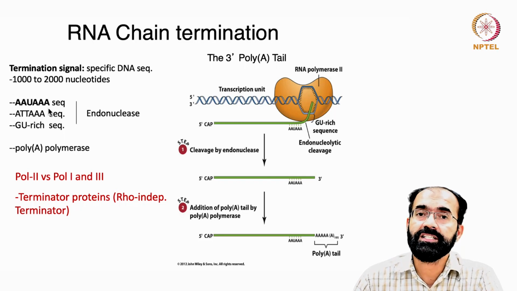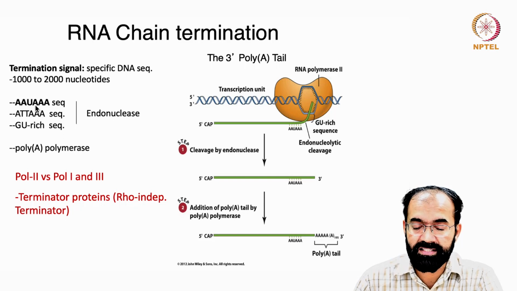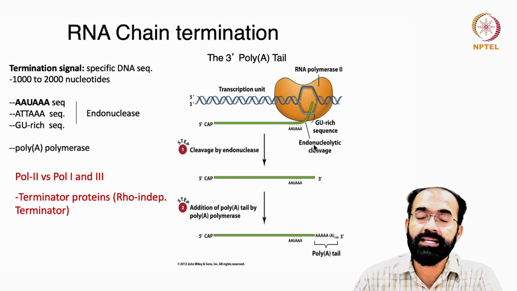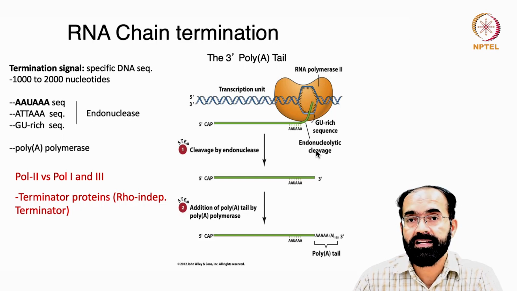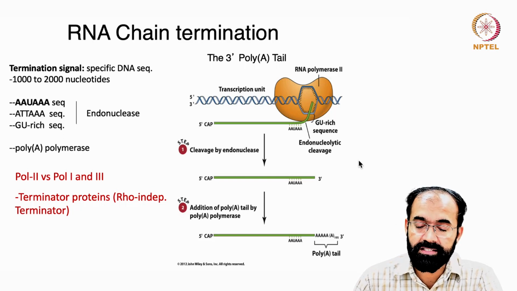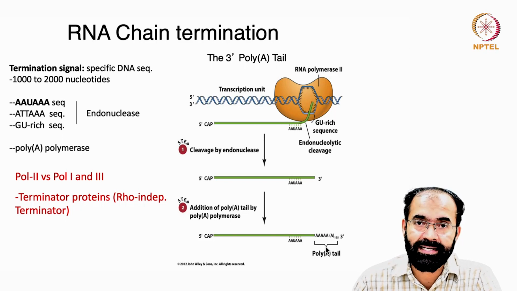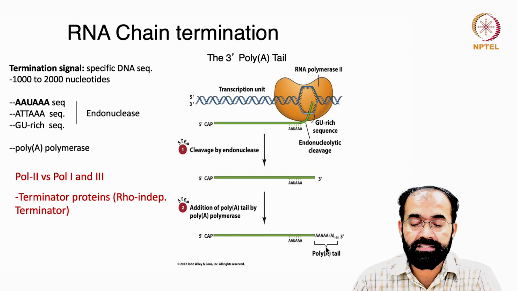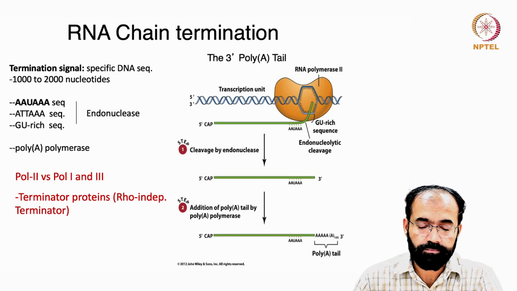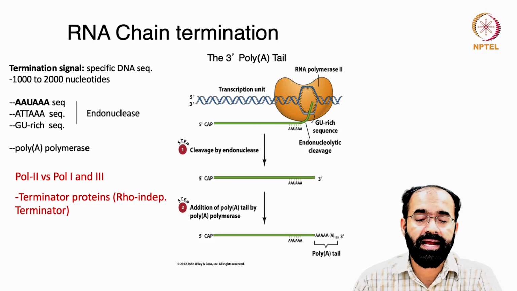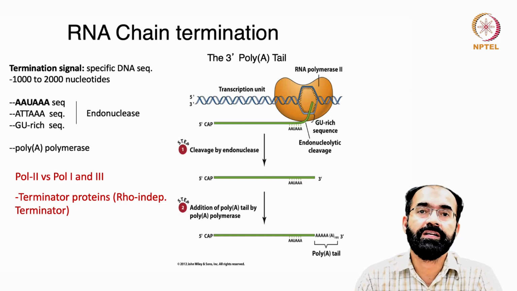Only these two sequences are predominant: the poly-A signal, which is recognized by the endonucleases to cleave, and which in turn is recognized by poly-A polymerase for the addition of the poly-A tail. Once the poly-A polymerase has acted, the RNA now has a functional poly-A tail. So with this, I end this topic of transcription termination, and we will resume in another class. Thank you.